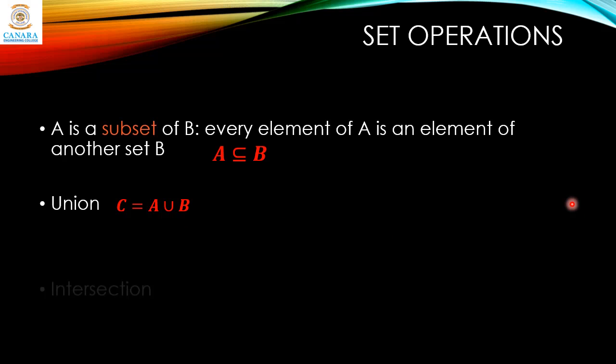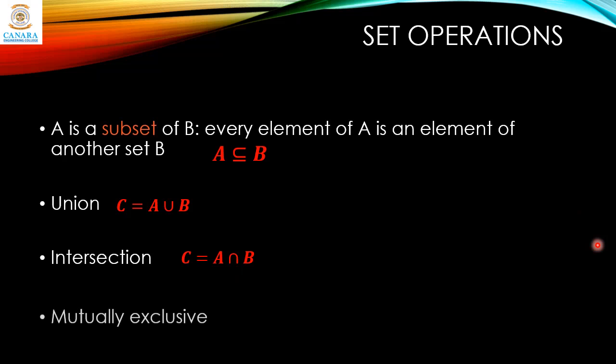And intersection: C is A intersection B, so the common elements in A and B, with this symbol for intersection. And mutually exclusive: A intersection B is a null set, so there are no common elements between A and B. It is represented as a null set, and it means they are mutually exclusive sets.